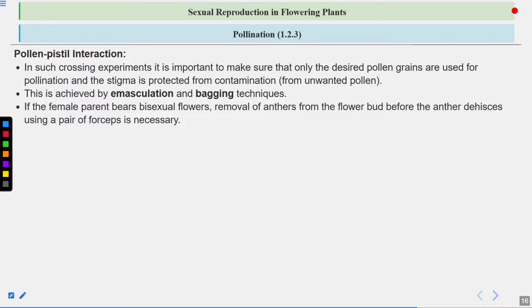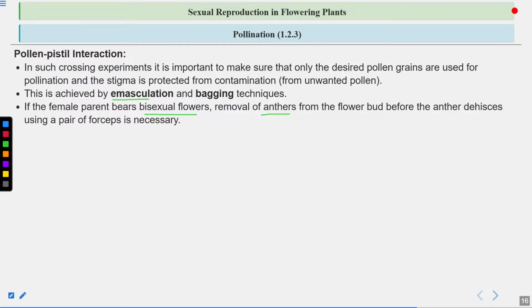If the female parent bears bisexual flowers, you remove the anthers with the help of forceps. Okay. So you are making that flower a female flower. Removing of the anthers is called emasculation.